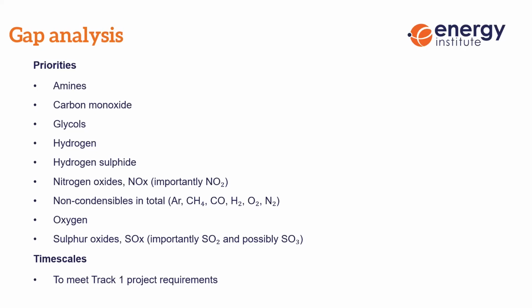So just looking for a particular atomic structure or molecular structure won't necessarily cut the mustard, because you may be looking for a primary amine, whereas the equipment is calibrated more towards secondary amines. So that's quite a difficult one.